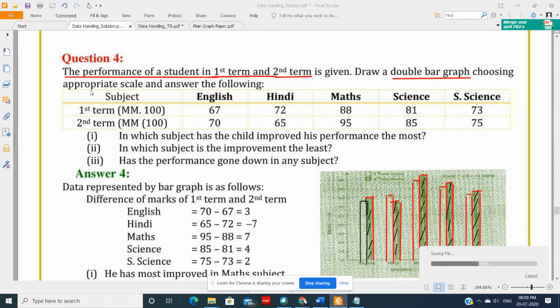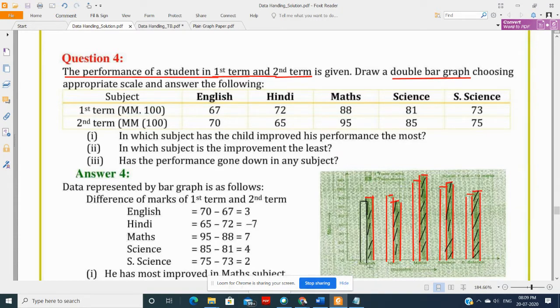Now, whenever you see a double bar graph, you take 2 centimeters as one single subject, so that one box will be used for first term and the second box will be used for second term.